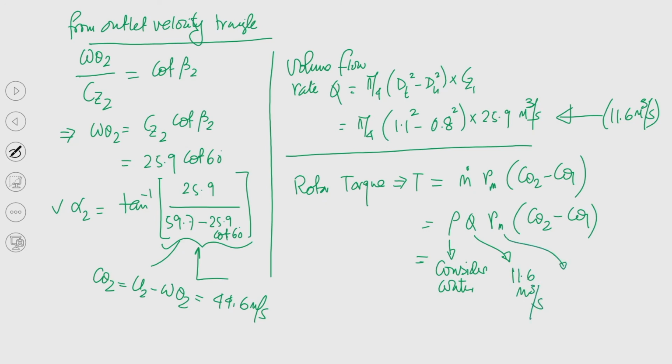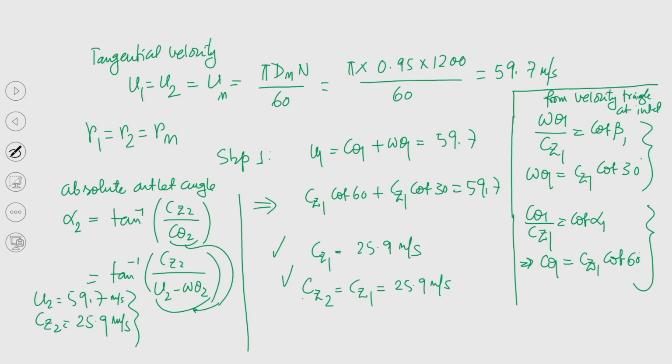What about Rm? It is 0.95 meter, and this quantity will be equal to 44.6 minus c theta 1. c theta 1 is basically Cz1 into cot 60, that is 25.9 into cot 60, and this will come as 15 meter per second.